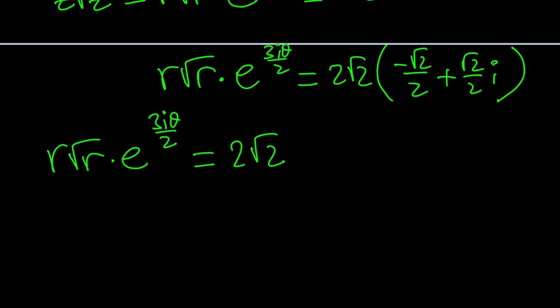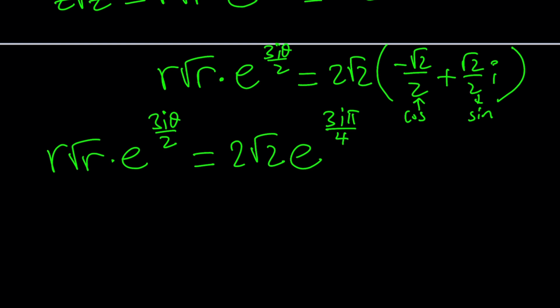First of all, realize we are in the second quadrant because cosine is negative, and the angle is 3 pi over 4. Why? Because of the values of cosine and sine, their absolute values are equal. So it should be like pi over 4 or multiples, right? So we can write it as e to the power 3i pi over 4, which is i times 3 pi over 4, right? Cool.